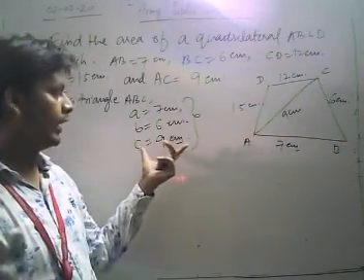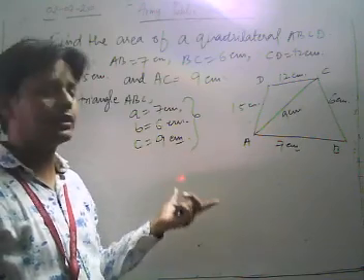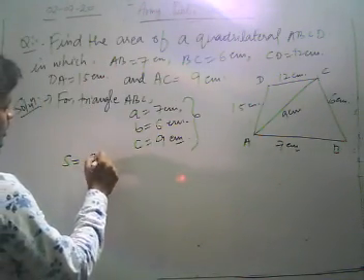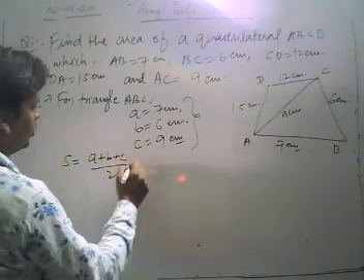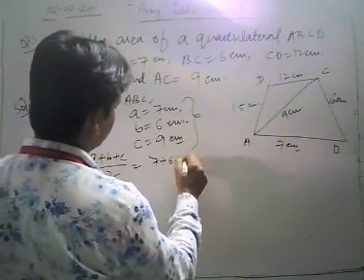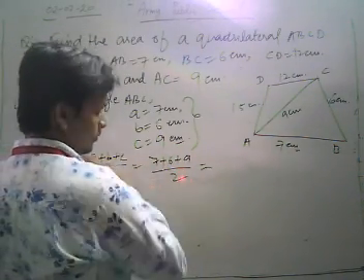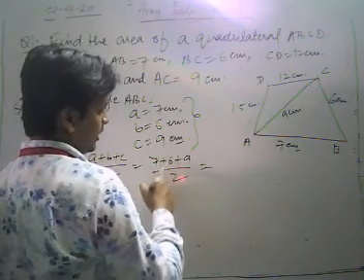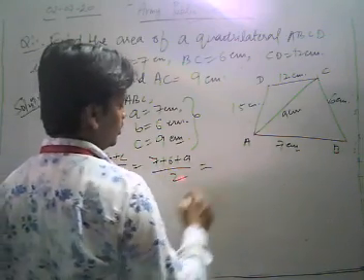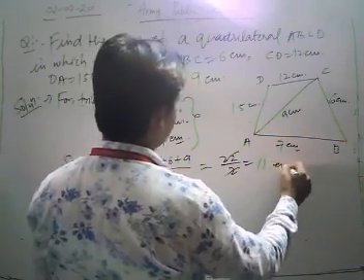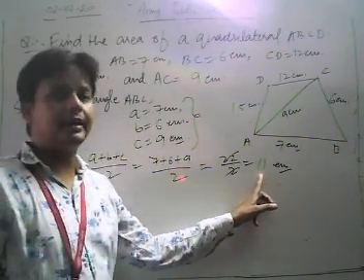For finding the area of that triangle, we will use Heron's formula. First of all, we find S as A plus B plus C upon 2, that is 7 plus 6 plus 9 by 2. 7 plus 6 is 13, 13 plus 9 is 22, 22 upon 2 is 11 centimeter. This is the semi perimeter of the triangle.